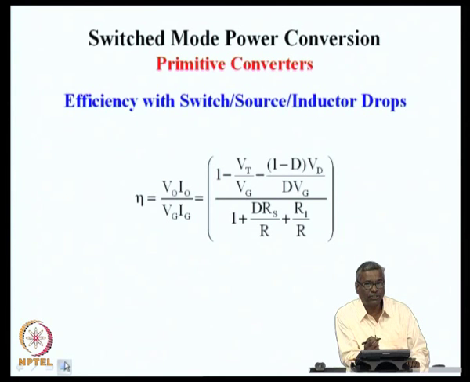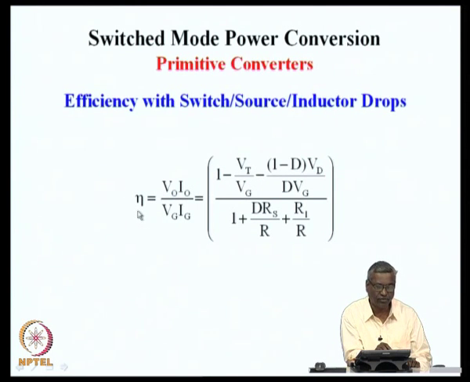Now, when all the non-idealities of the switch, source and inductor exist together, it is possible to work out the average voltage across the inductor expressions, and it is possible to find the efficiency to consist of two different correction factors, one because of the switch non-idealities and the other because of the source and inductor non-idealities: 1 minus Vt by Vg minus 1 minus dVd by dVg.